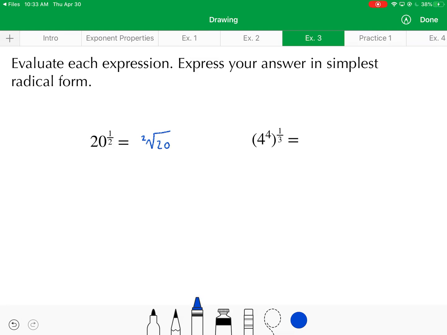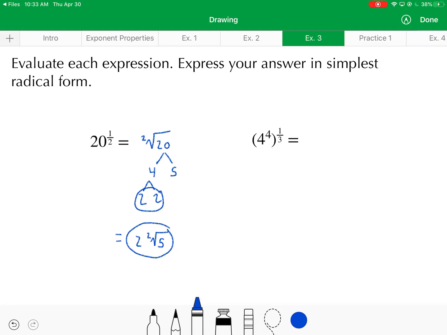Well, 20 is not a perfect square, right? So let's break it down: 4 and 5, 2 and 2. There's a pair of 2's right there. So I can pull a 2 out and say this simplifies to 2 times the square root of 5. Now I keep writing the index of 2 here. You don't always have to do that, right? We know if it's a square root, you don't have to write the index.